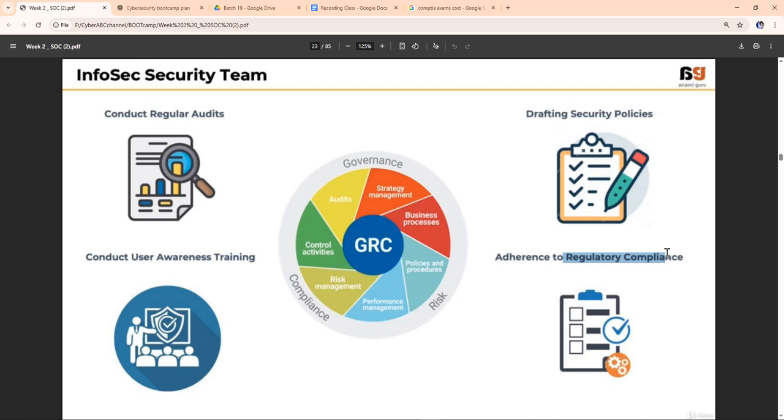But someone who has an edge in this career path is an accountant. Someone who is an accountant could play a good role in GRC, especially when it comes to auditing policies.